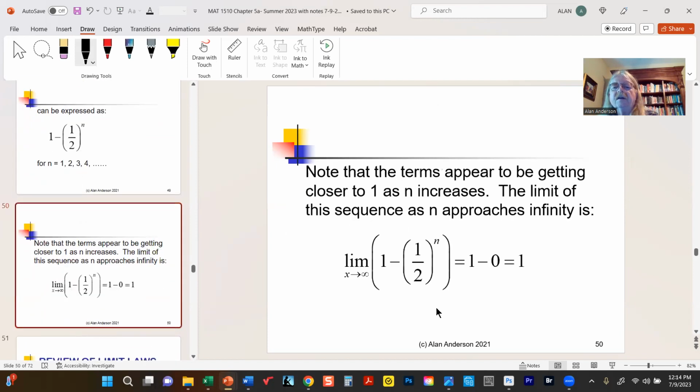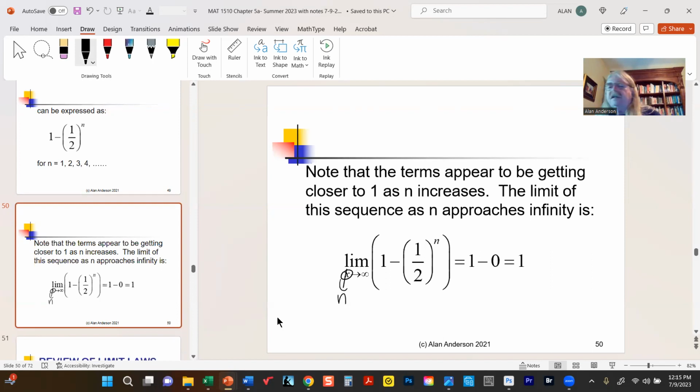So if we take the limit of this as n goes to infinity, or x goes to, oh, wait a minute, sorry, this should have said n. All right, I will be making a note to myself to fix that. That should have been an n.